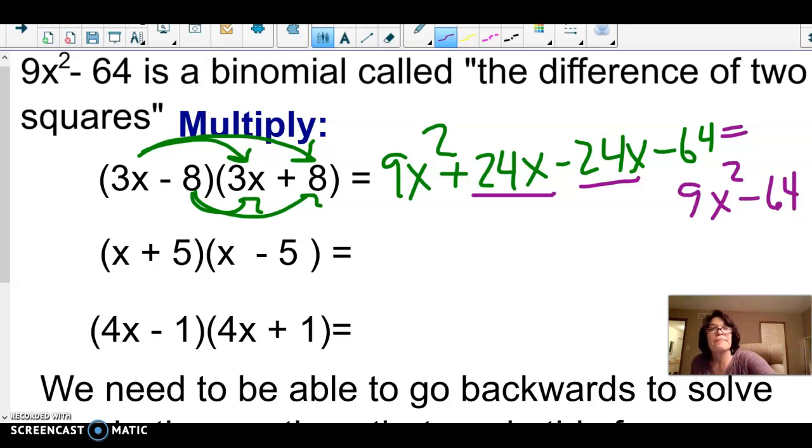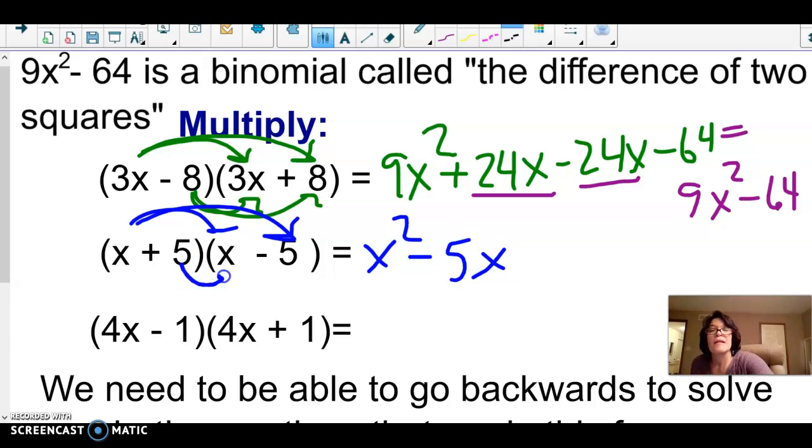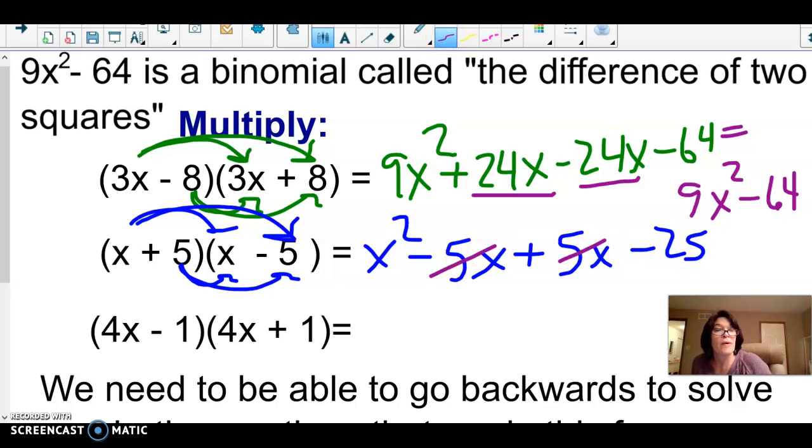Okay? The next one, x times x is x squared. X times negative 5 is negative 5x. X times positive 5 is positive 5x. And then a positive 5 times a negative 5 is negative 25. I notice that these terms cancel out to 0x again, so I get x squared minus 25.